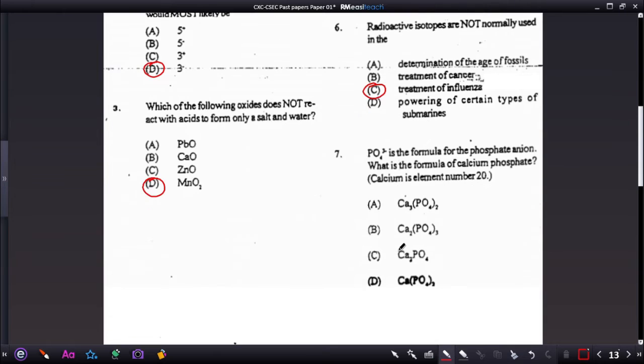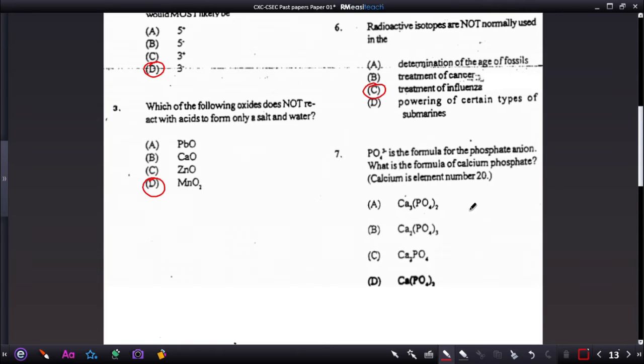Question 7. PO4 3- is the formula for the phosphate anion. What is the formula of calcium phosphate? They gave us the element number of calcium, which is 20. So if there are 20 protons, that means there are 20 electrons within this neutral calcium atom.